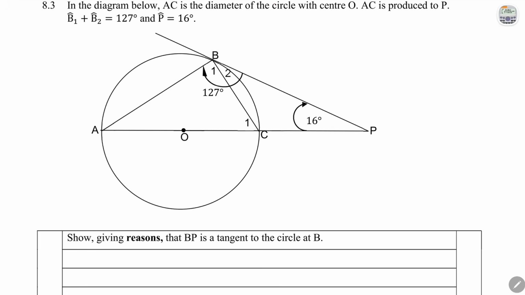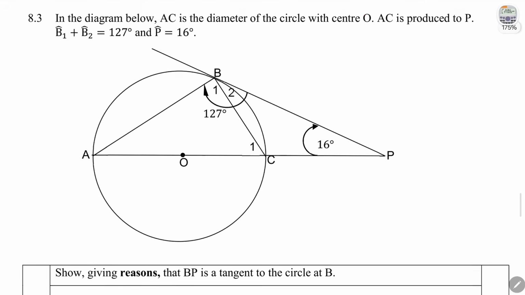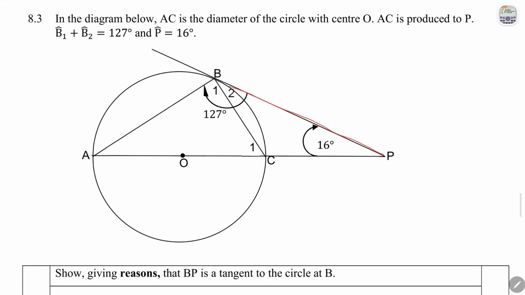We're just going to show that it is. So for us to do that, this is our tangent. So for the angle between the tangent and the chord, we'll use this chord because if we looked at it on this side, we don't really have an angle here. So there's nothing to work with there. So we can look at it like this. This is BC, and so that's our chord. The angle between the tangent and the chord is equal to the angle supported by that chord BC.